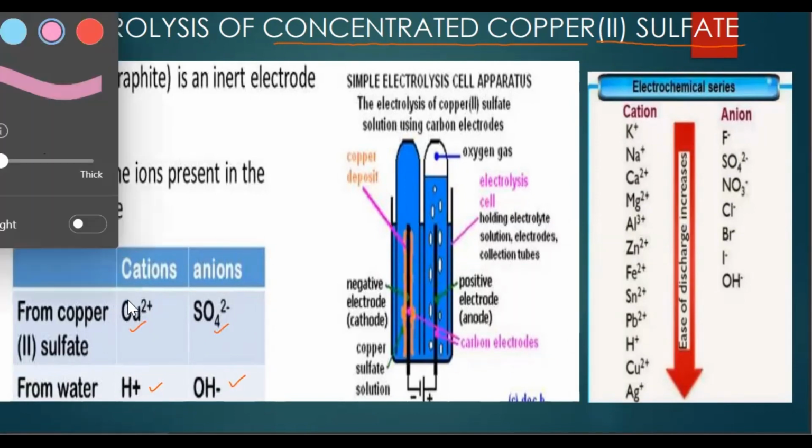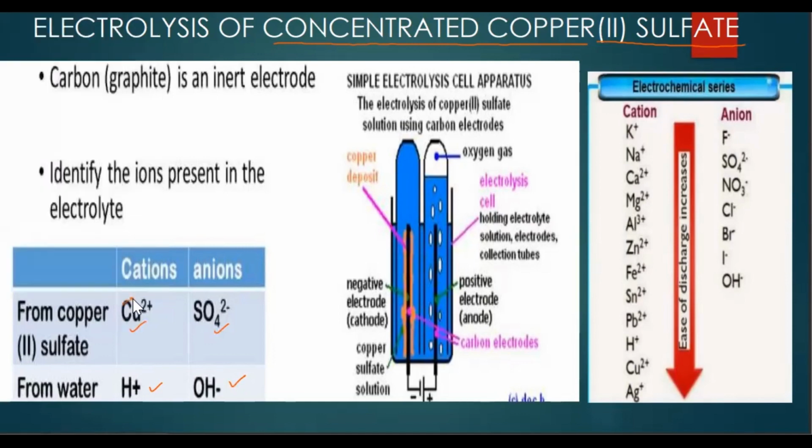Now, because it's a concentrated electrolyte, that means I have got copper as a concentrated ion and the sulfate as a concentrated ion. Because there are rival ions, both the ions will be moving, the cations will be moving toward the cathode, and the rival anions will be moving toward the anode, but only one will be discharged.